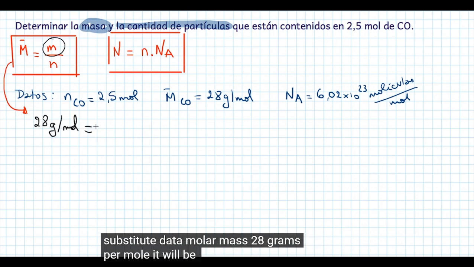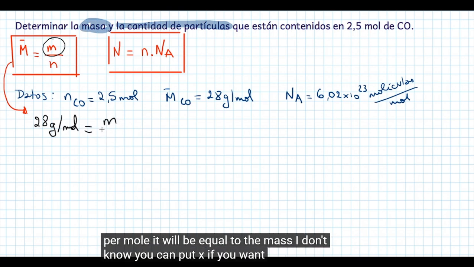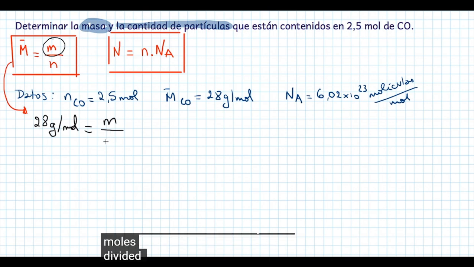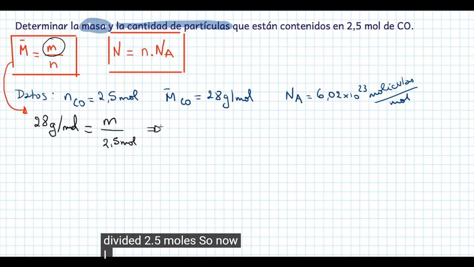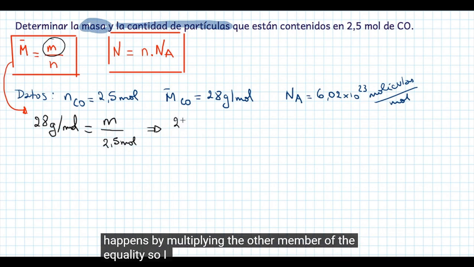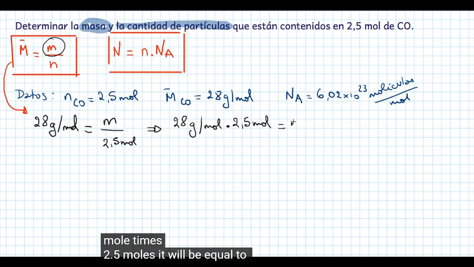will be equal to the mass I don't know. You can put X if you want. Divided by the chemical quantity, 2.5 moles. So now I only have to solve for the mass. The 2.5 moles passes by multiplying to the other member of the equality, so I have 28 grams per mole times 2.5 moles equal to the mass.